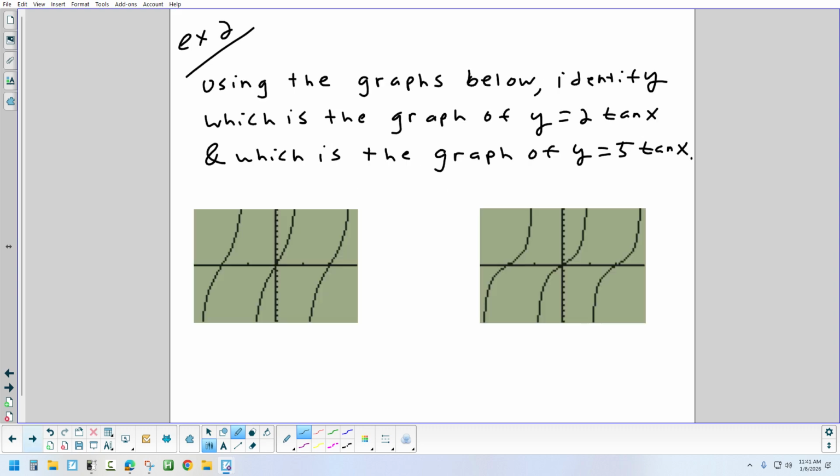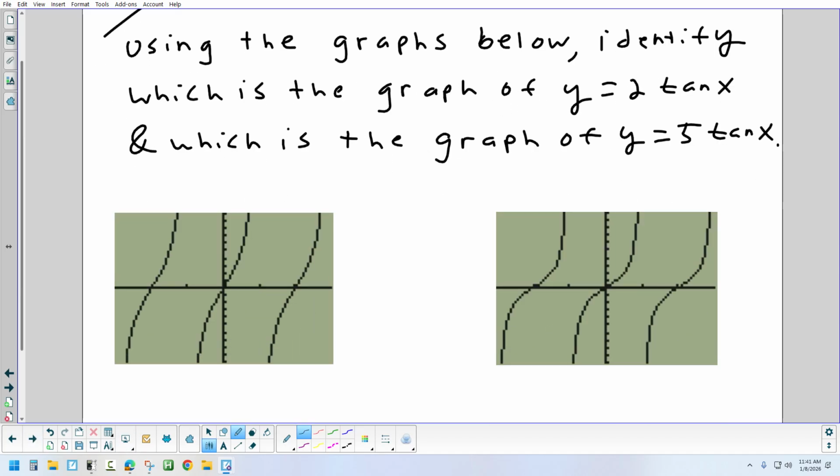Okay, so this one says, looking at the graphs below, I want you to identify which graph here is the 2 tangent x and which one is 5 tangent x. So you have to know what the 2 and the 5 are doing. So anybody think they know which one is which? I think it's 2 and 5.